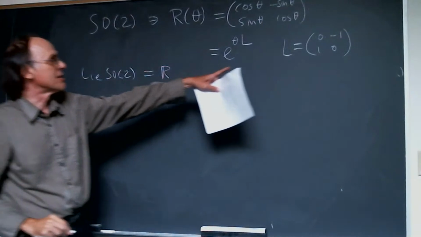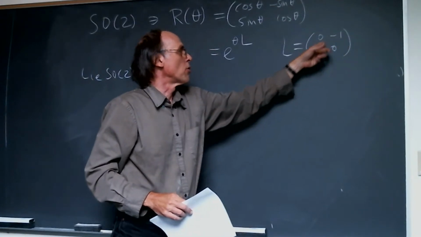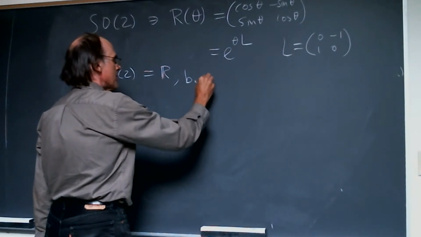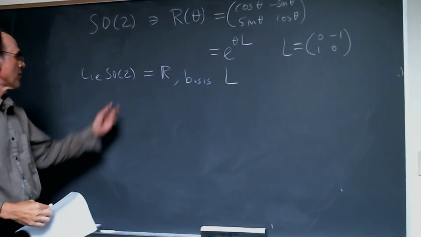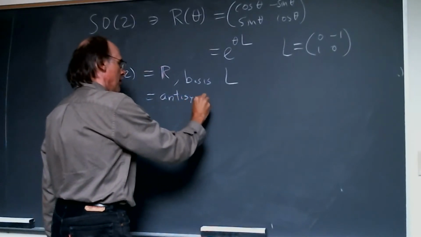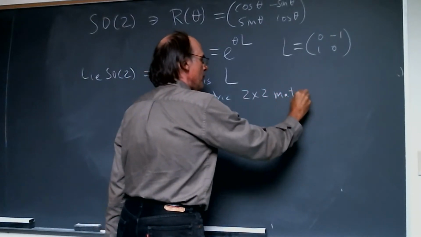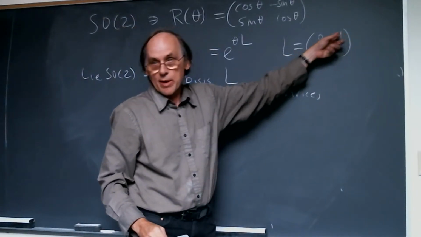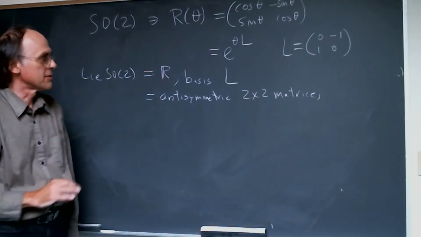But you can think of it as being all 2 by 2 matrices proportional to this, so a basis is L. You could also think of it as the anti-symmetric 2 by 2 matrices. It's all things of this form, where you put some constant in there. Okay, so this is how it works.